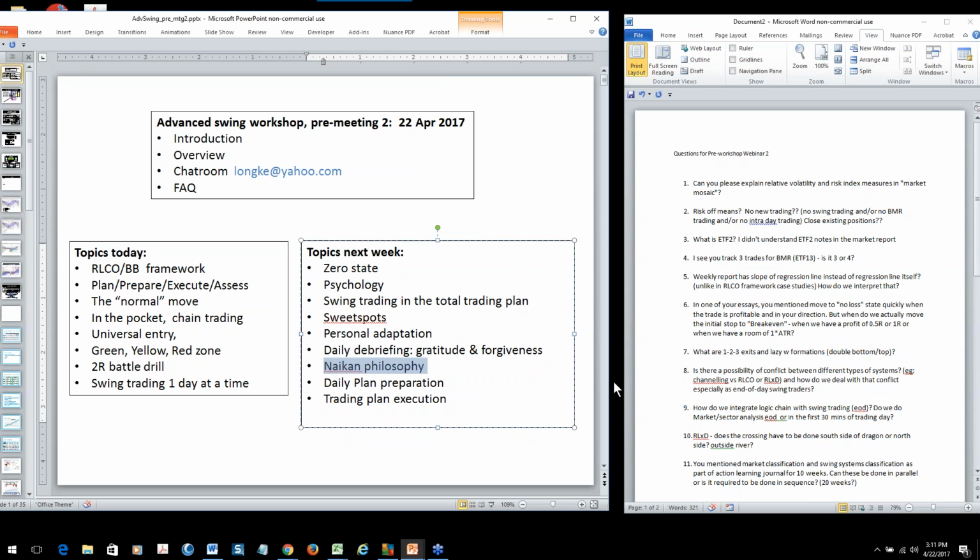The ideas of Japanese Nikon philosophy as a way to deal with the psychological challenges of trading. It's an adult way to approach life. And I will review once again preparation of the daily plan and the execution of the daily trading plan, putting things into practice. So I want to make sure that you have a clarity on how I do that or how I suggest doing that.